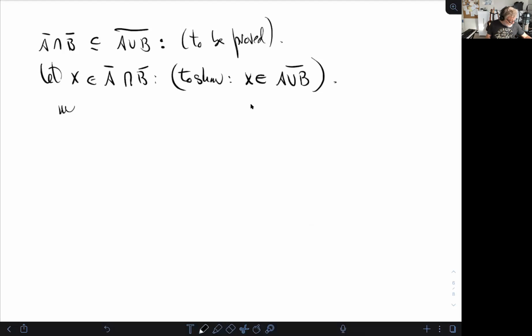This means that x is in here and x is in here, right? What does it mean for x to be in the complement of A?